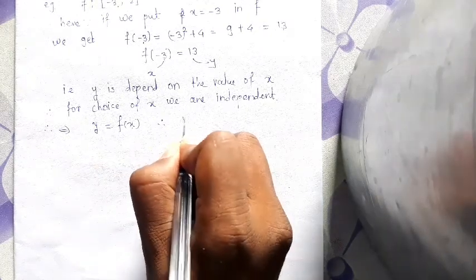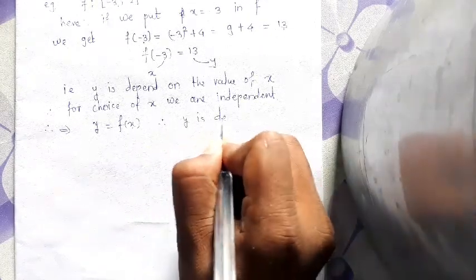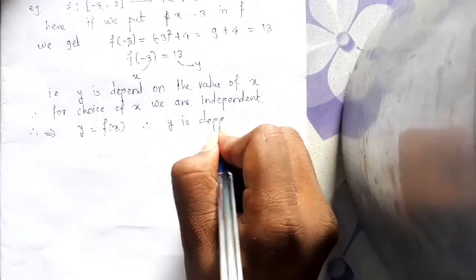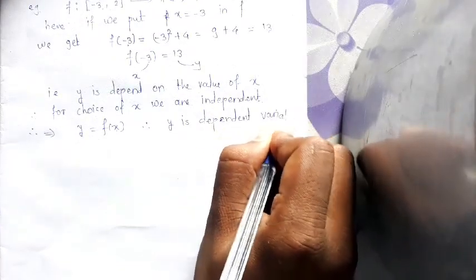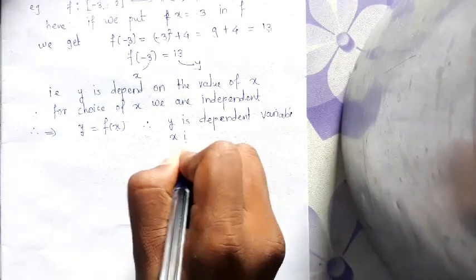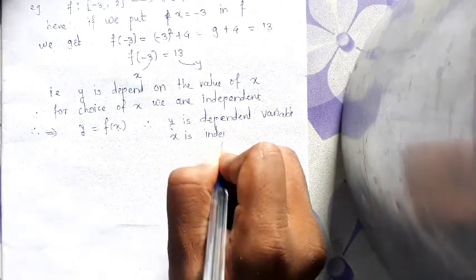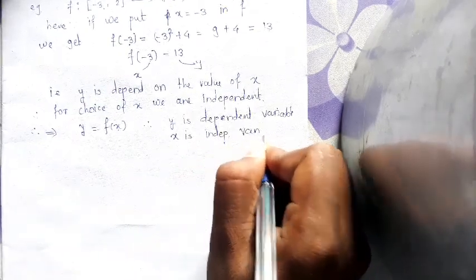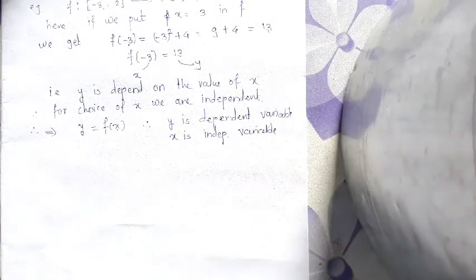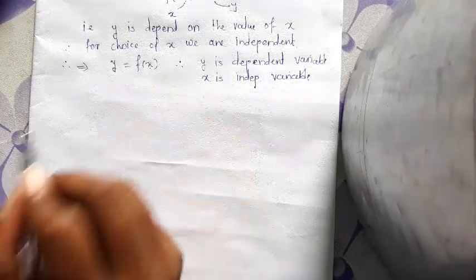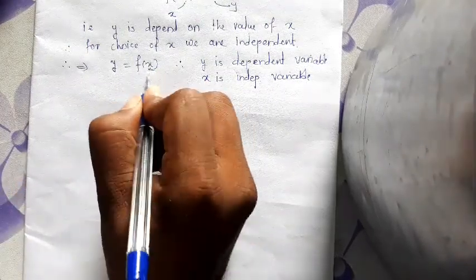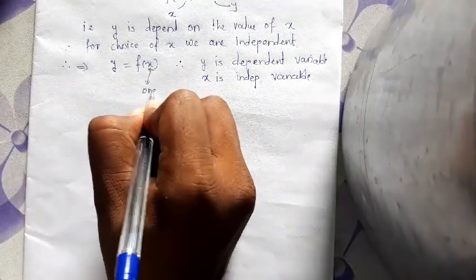Therefore y is the dependent variable and x is the independent variable. Here y is equal to f of x is my function, but x is only one variable, that is 1.